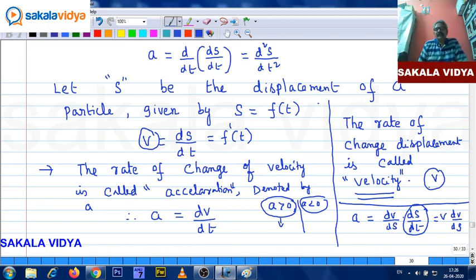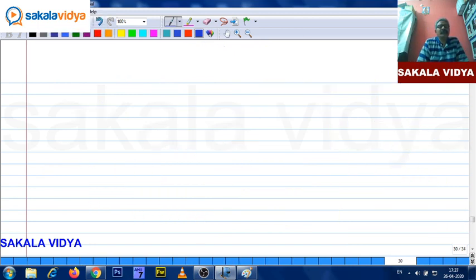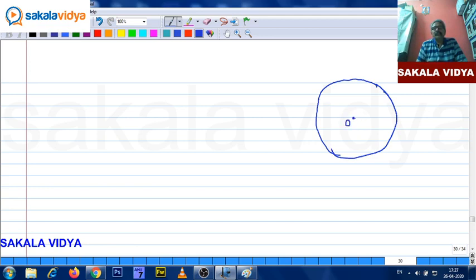So next, for example, you take a circle now. That is a linear motion we have discussed. For example, this is a circle with center O, and a point P on the circle is moving like this.